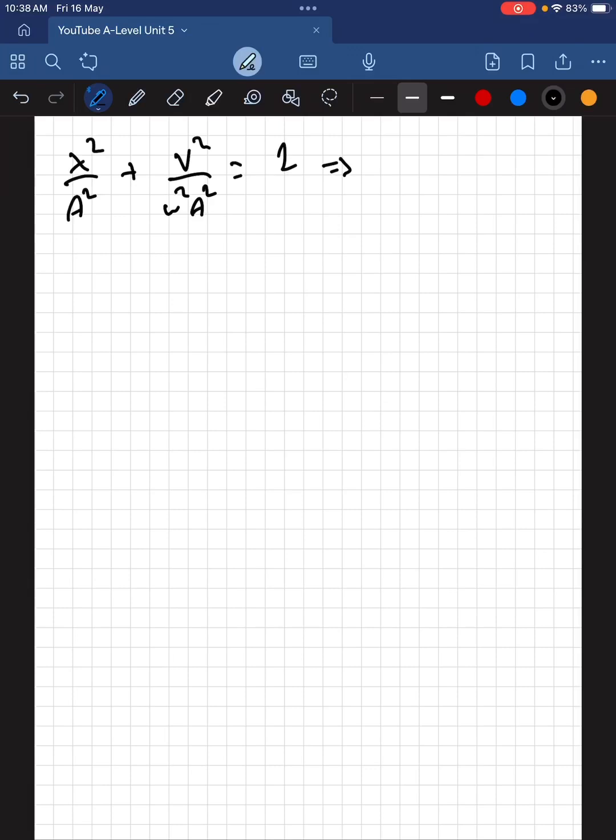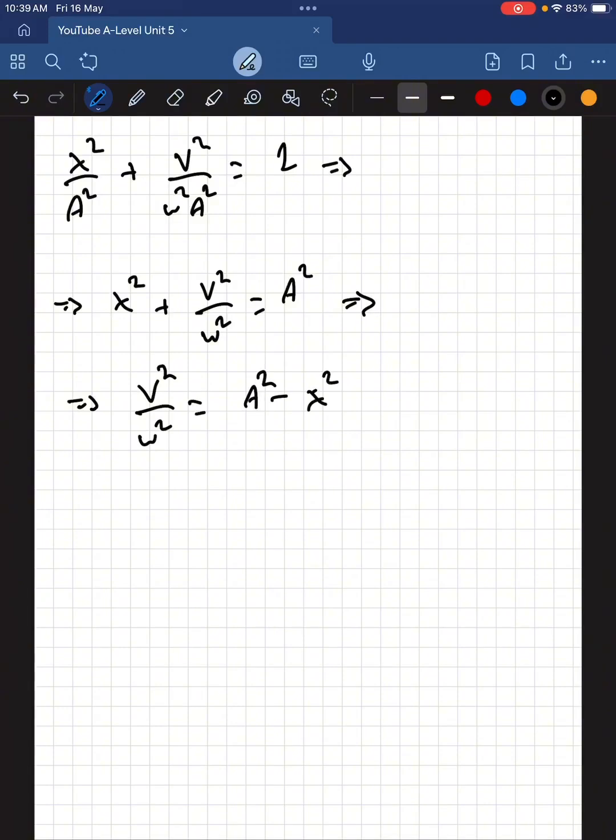Okay, so let's try to bring a squared to the other side. So x squared plus v squared over omega squared is a squared. So v squared over omega squared is a squared minus x squared, which means that v is plus or minus omega, and then the square root of a squared minus x squared.